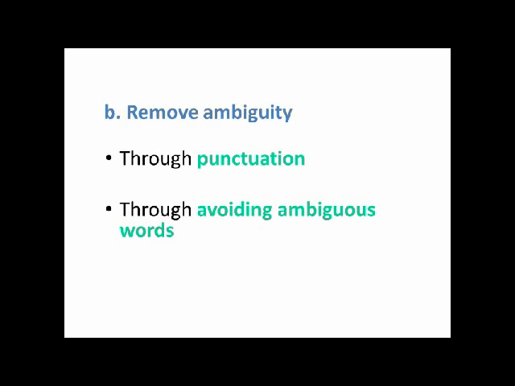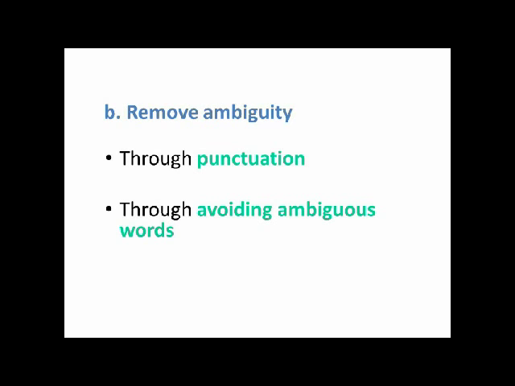So let's try to be aware of that and remove any potential ambiguity to make sure that our meaning is crystal clear. Two ways I'm going to show you are through punctuation, and through avoiding some ambiguous words.